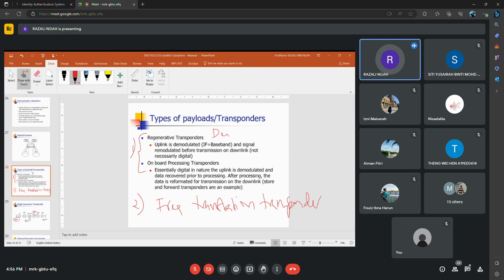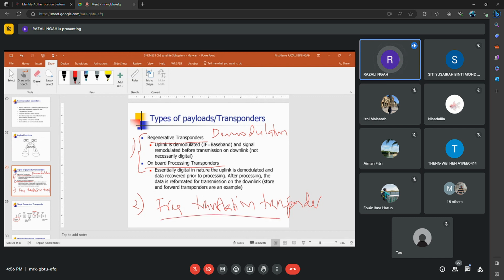That means we extract the original information signal from the carrier signal, and then we remodulate before we retransmit. This is required if you want very high quality of signal.